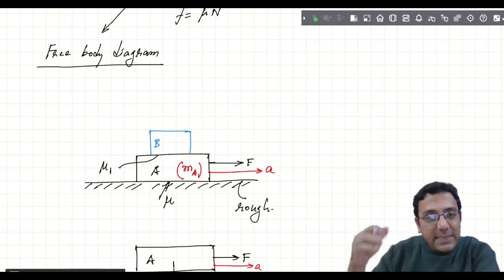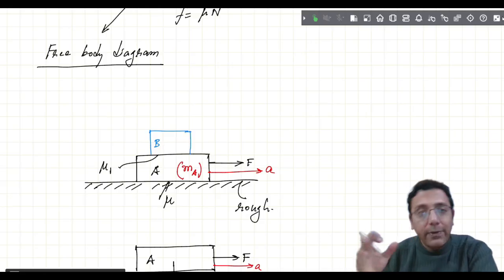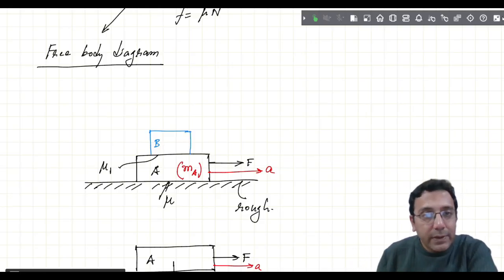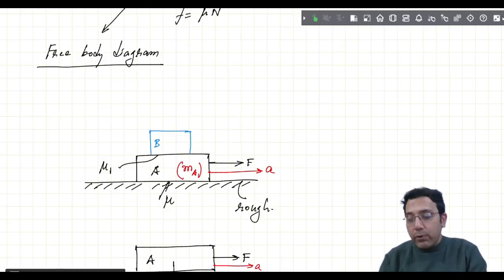The body B is simply resting on body A. No force directly acts on it, but body A is pulled with a force to the right. That is what is given. We have to draw the free body diagram of body B. How will I draw it?